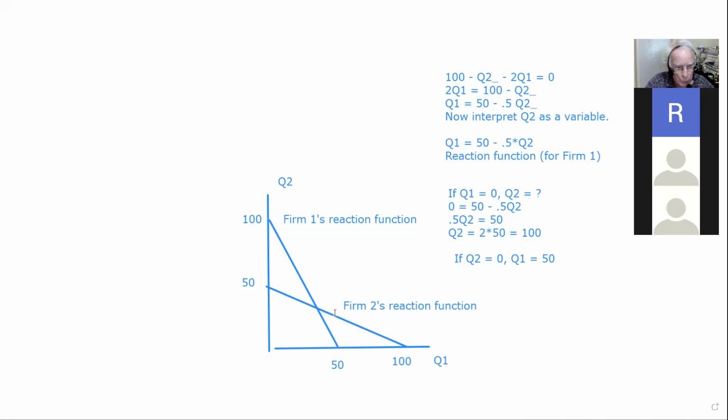Looks like maybe about 25. Next, firm 1 will react to that amount by firm 2 by cutting back on its own reaction function to right here, and so forth until we arrive at an equilibrium where there is no longer any incentive for either firm to change its output.